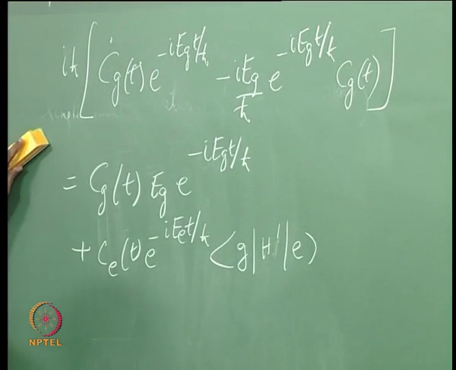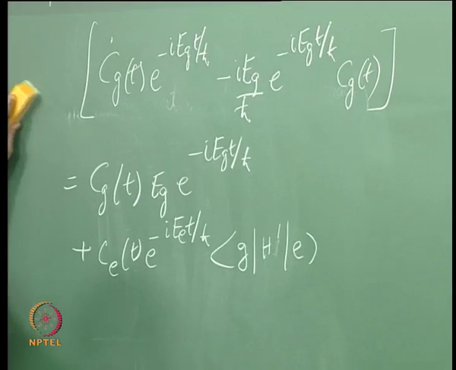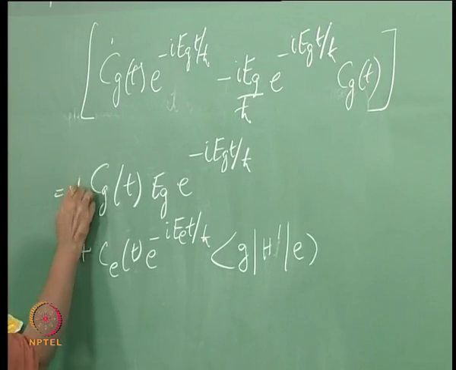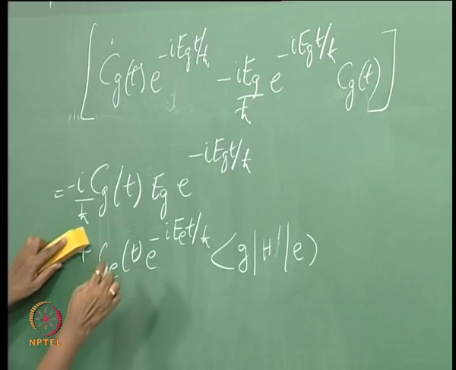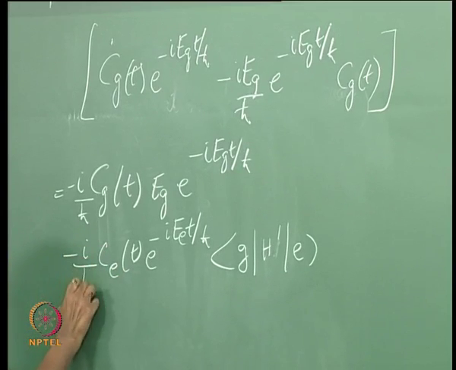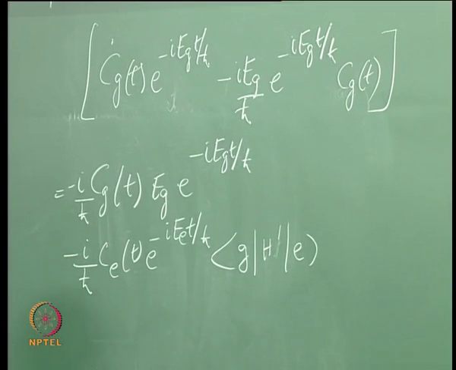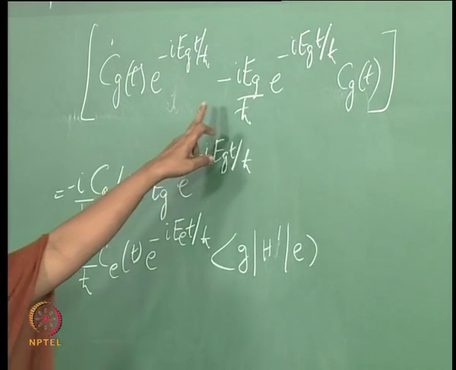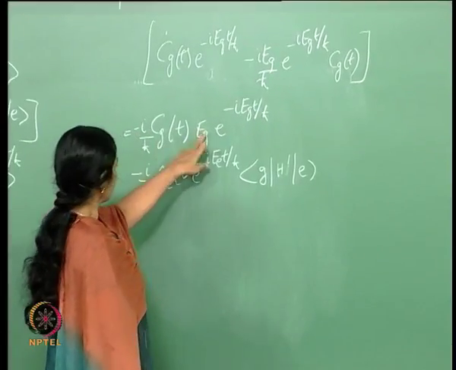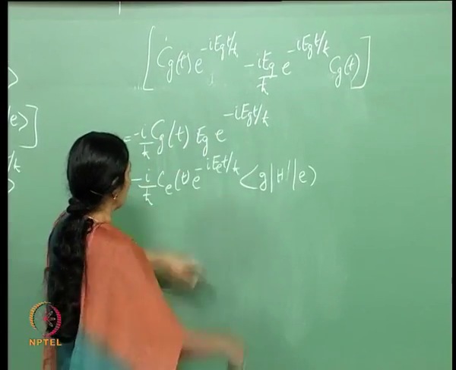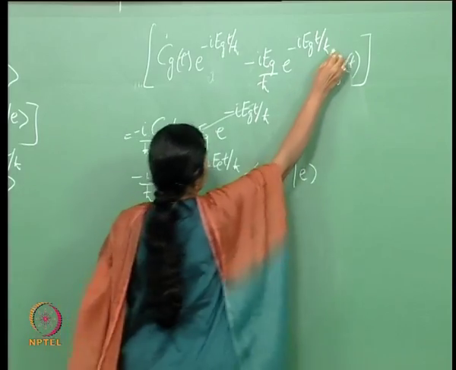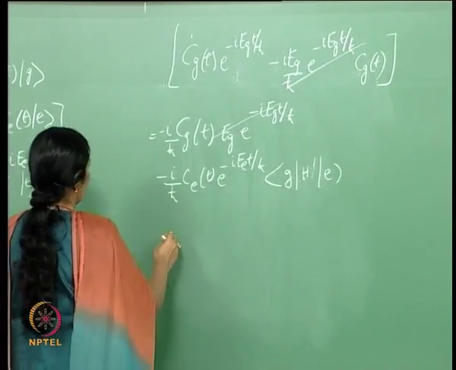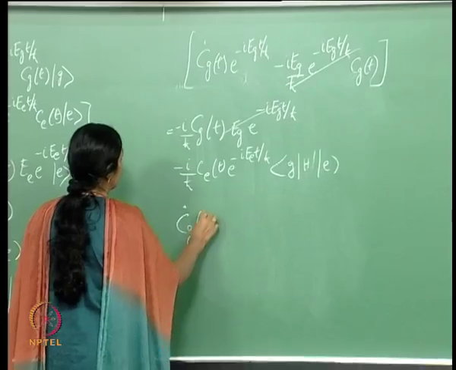Of course, I can bring the iħ to this side. Look at what I have here. I have minus iE_g/ħ C_g(t) e^(-iE_g t/ħ). So that goes, and I am left with C_g dot of t.